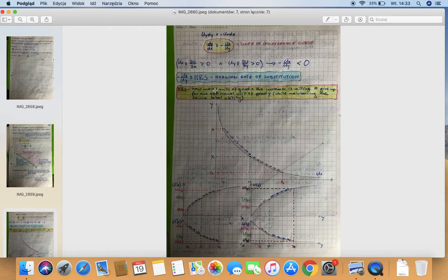And look, this indifference curve has this convex shape that you see over here. And why do we have this convex shape? Let me show you with a very simple example that refers to the concept of marginal utility for individual goods.